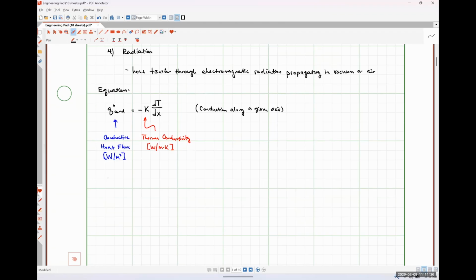Our next relationship is going to be Q double prime CONV for convection. That's going to be equal to H times, excuse me, that should be a T, TS minus T infinity. So let's define some things here. Our Q double prime in this case is the convection heat flux.